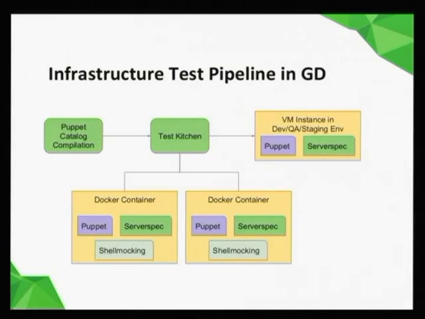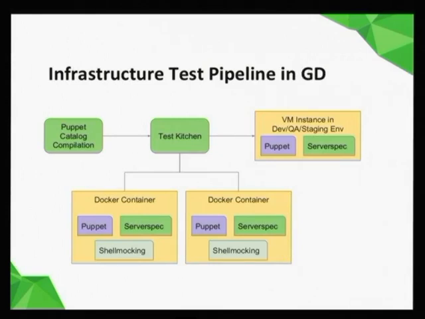So just to give you an idea of how our automated infrastructure test pipeline works at Good Data. First of all, when a developer creates a pull request, it goes through a relatively fast test of Puppet catalog compilation, meaning it compiles catalogs for every type, like server role, that we have described in our infra.